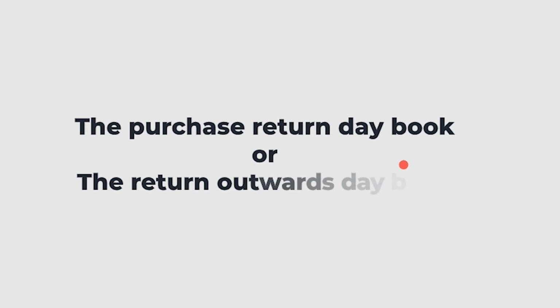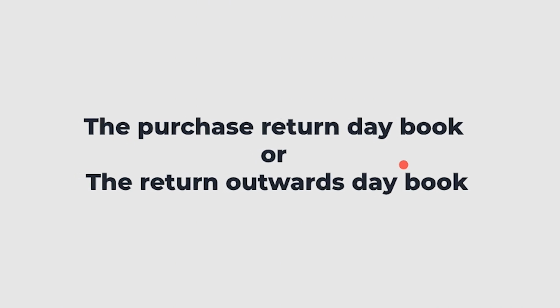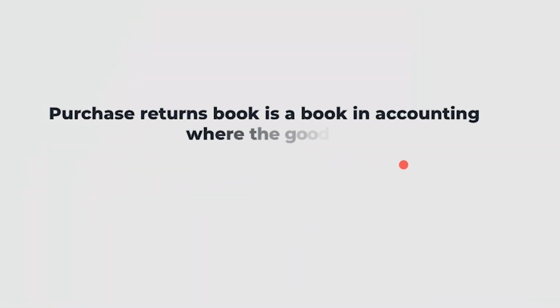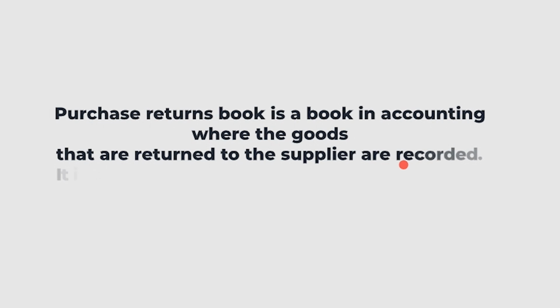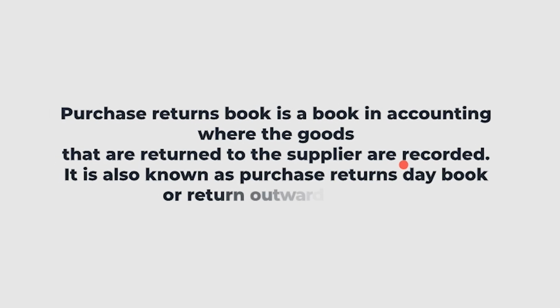Now the next one we are looking at is the purchase return day book or the return outwards journal or day book. The purchase return day book is used to record goods that have been bought from a supplier on credit basis earlier on, later returned back to them due to defectiveness or it wasn't what they ordered for.